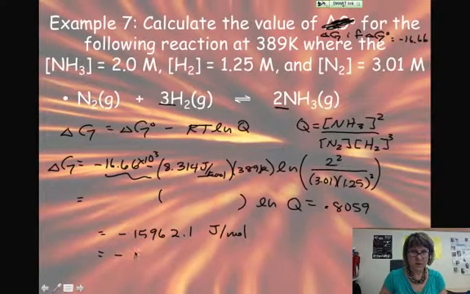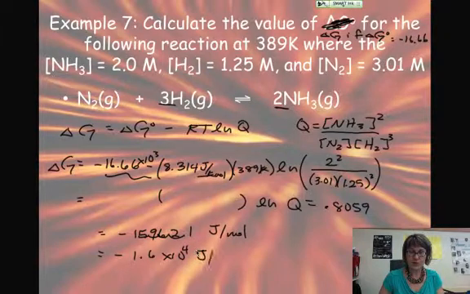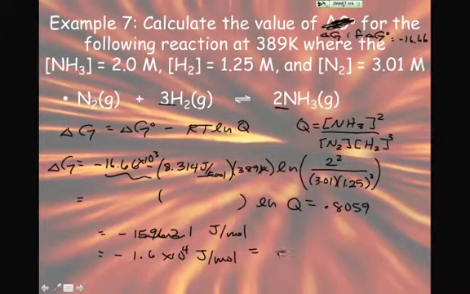So negative 1.6 times 10 to the 4 joules per mole. Or in kilojoules per mole, it's negative 1.6 times 10 to the first kilojoules per mole, or negative 16 kilojoules per mole.